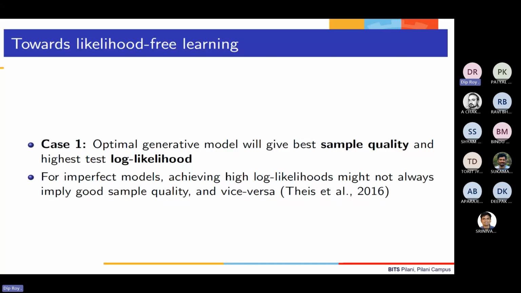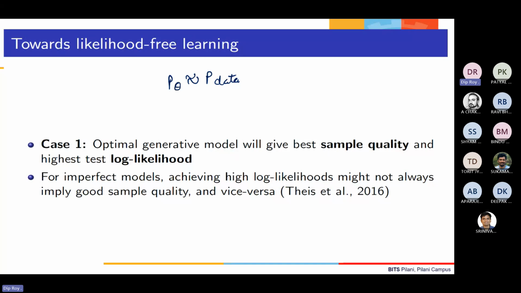And this particular correlation between log likelihood and sample quality will basically hold true. However, in real life, what happens is your P theta approximates your P data, right? We never have a model which is perfectly the same as your P data. So this is an imperfect model. Your likelihood may be very close to the likelihood of P data, but it is still an imperfect model.